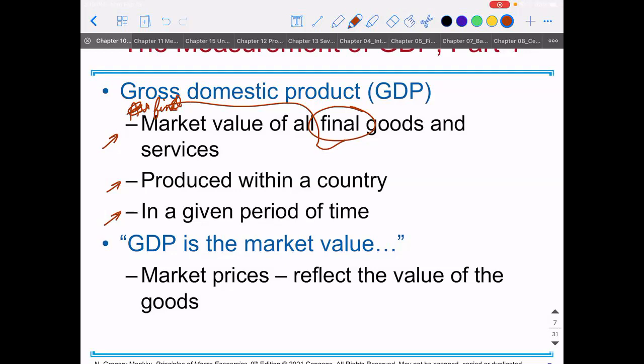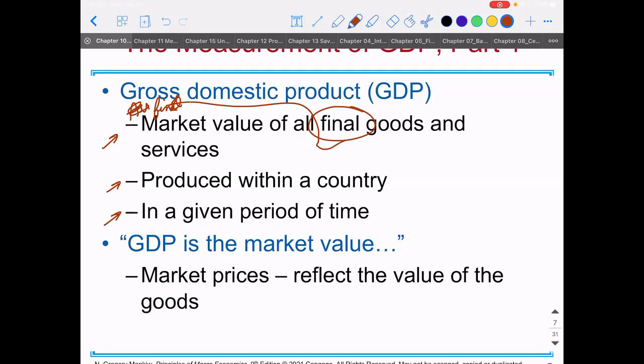The tires only get counted once. And they get counted in the total price of the whole car. So, in that total price of the car, it avoids the tires being counted twice from when General Motors bought them from, I don't know, Michelin, right? We can't count those both.